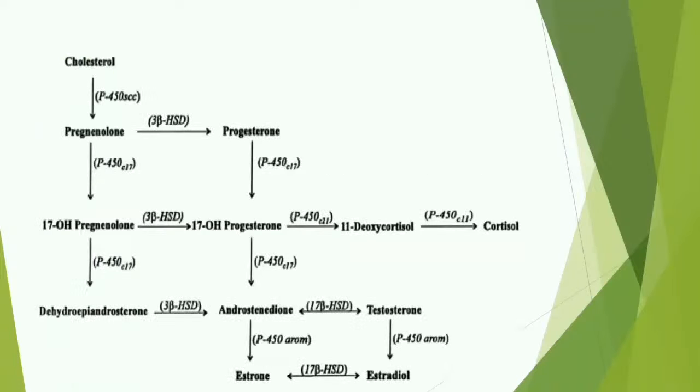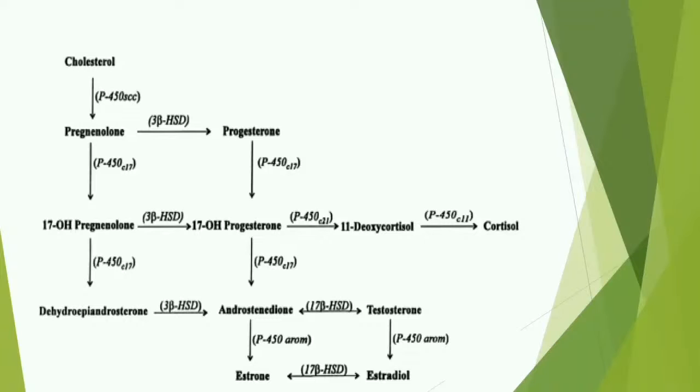So this is very important because not only will it help you in reproduction but also when you are learning about the adrenal gland. So learn the basics. You have cholesterol. From cholesterol you have pregnenolone and progesterone being formed. Then you have the hydroxy component, hydroxypregnenolone and hydroxyprogesterone, and in case of cortisol it gets converted into deoxycortisol and cortisol.